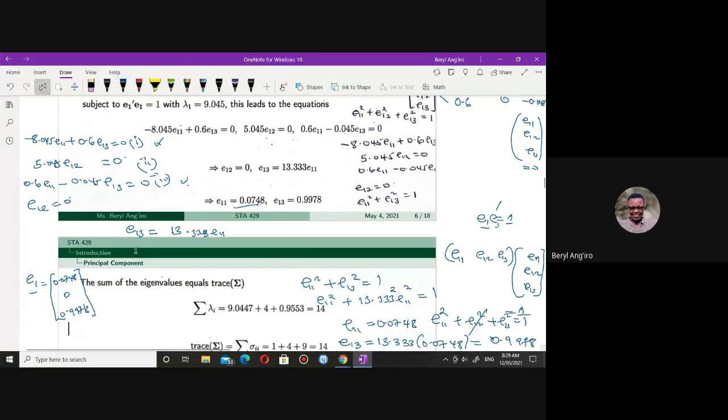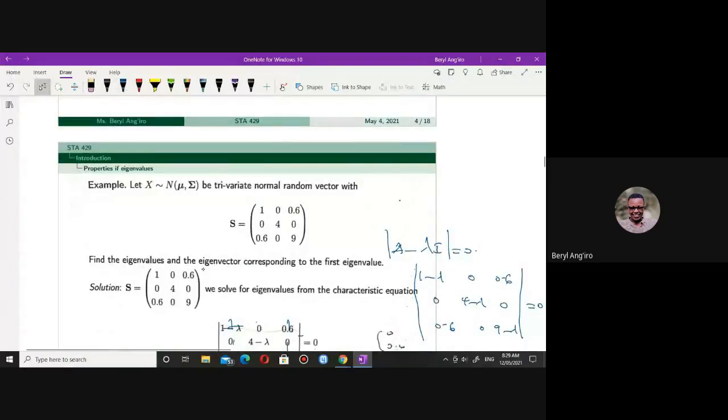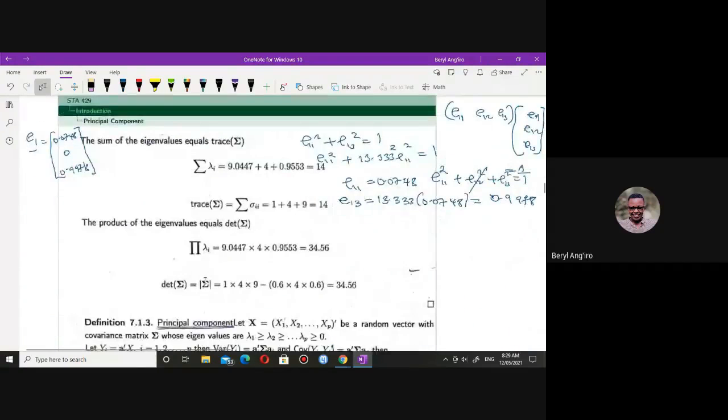Then, we know from the property that the sum of the eigenvalues must equal the sum of the diagonal, 1 plus 4 plus 9, which is 14. So if you sum all the eigenvalues, you also get 14, and the trace of that matrix is also 14. The product of the eigenvalues gives 34.56.